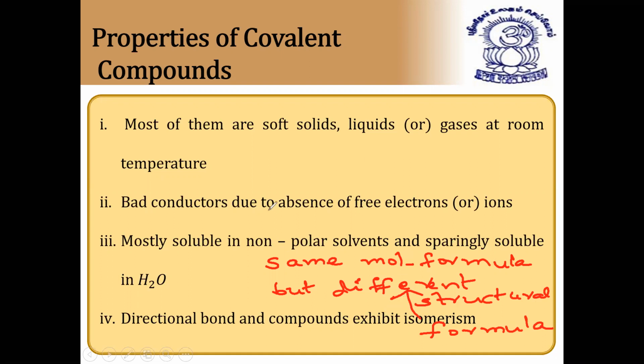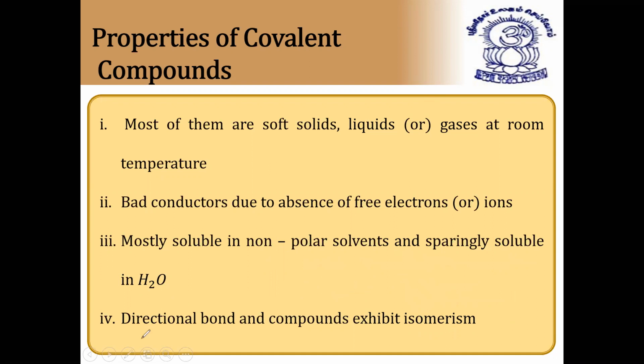Usually, these types of isomerism are exhibited in organic compounds, even covalent bond compounds also. So I'm clearing it now. So directional bond and exhibit isomerism, these two points are very key.